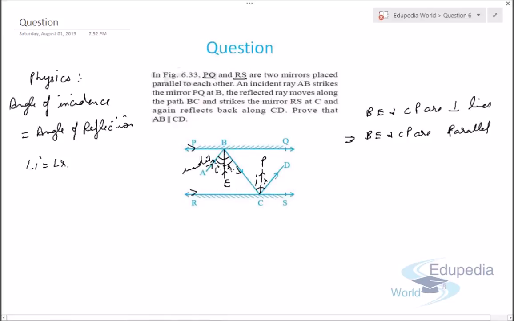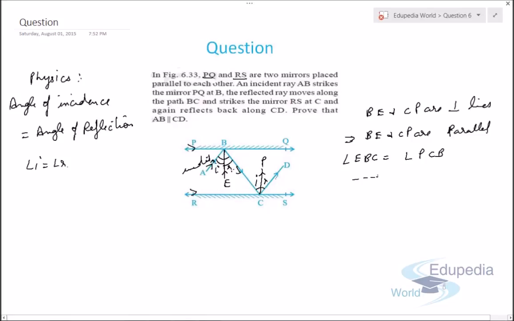Why are these parallel? Because line PQ and line RS are parallel, and these are perpendicular lines drawn from points B and C, so this automatically makes lines BE and PC parallel. So this implies angle EBC is equal to angle PCB.